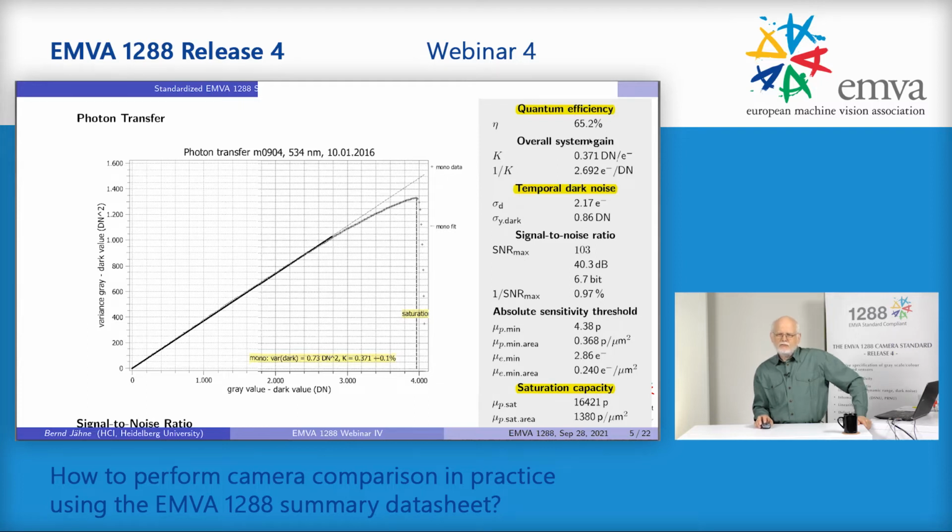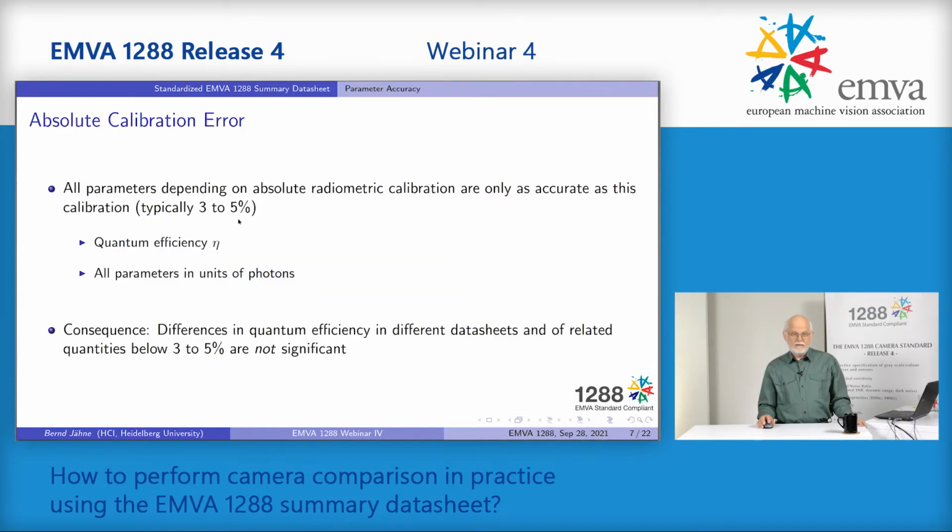And another camera would have a 5% lower quantum efficiency. That means the absolute sensitivity threshold goes up by 5%, and also the saturation capacity in photons would be a little bit larger, so it would be a little bit less sensitive. But the question is what is significant? That means how well can we trust all these numbers? The important issue to learn here is that each measurement has an absolute calibration error.